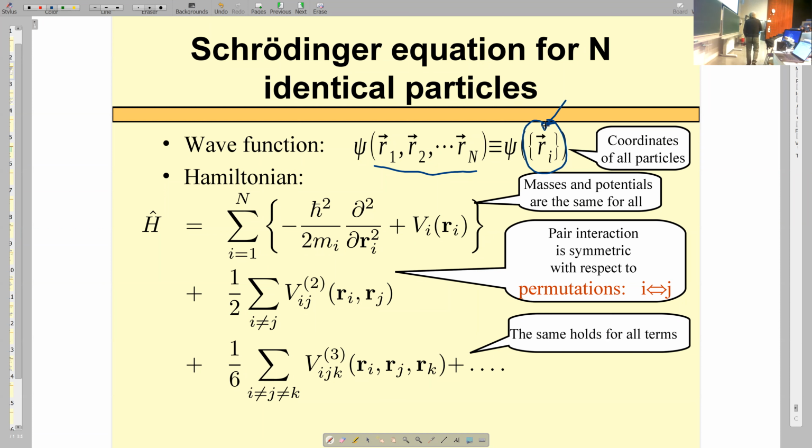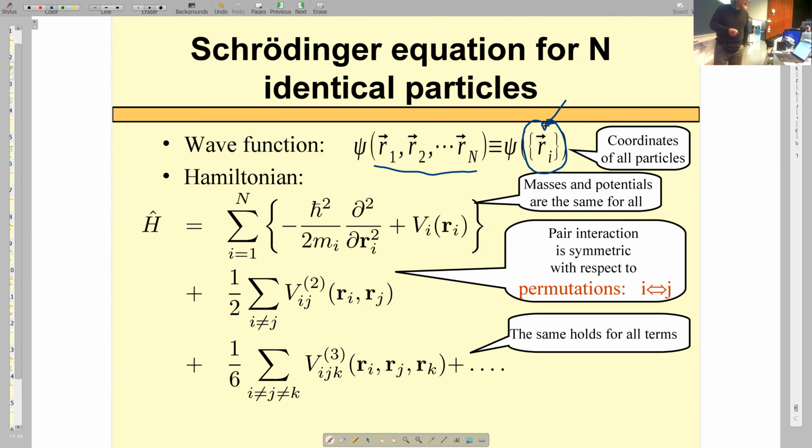If you want to describe the quantum state of this room, it would come to many, many zillions of arguments. That's it. But the wave function would still be a single wave function.